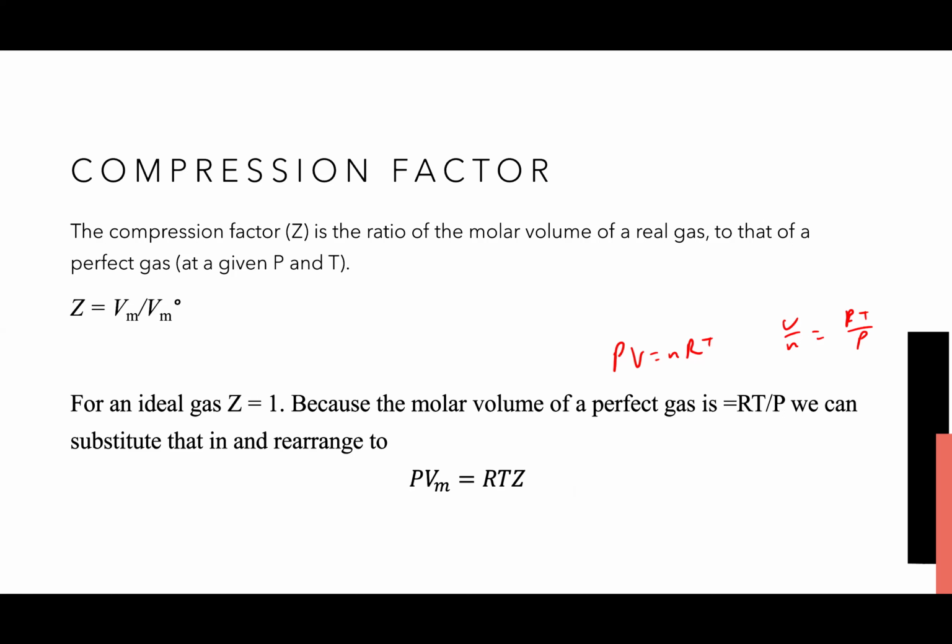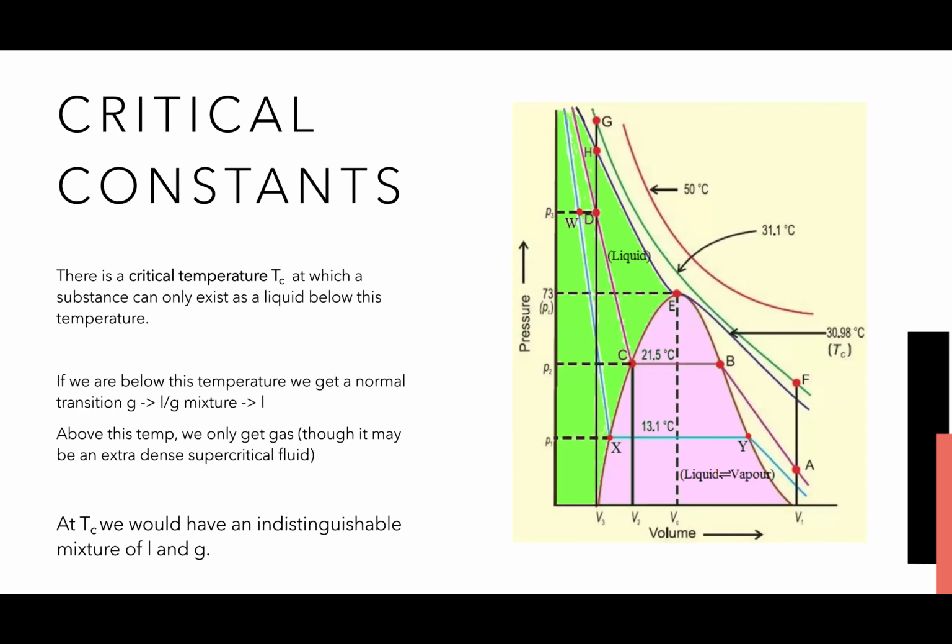We basically substituted this in for the moles. It doesn't exactly work like that, but it's basically the same. So we use this and substitute it in, and we work it all around: P times the molar volume equals RTZ.